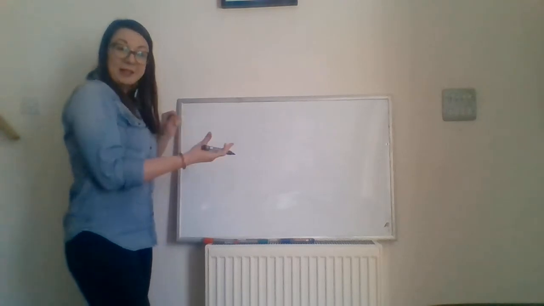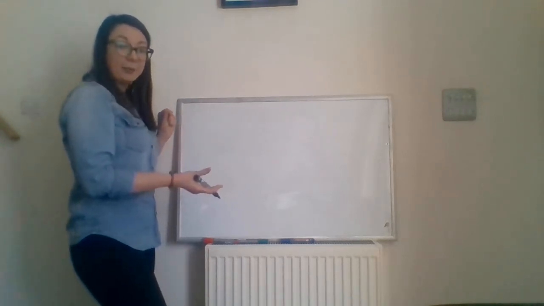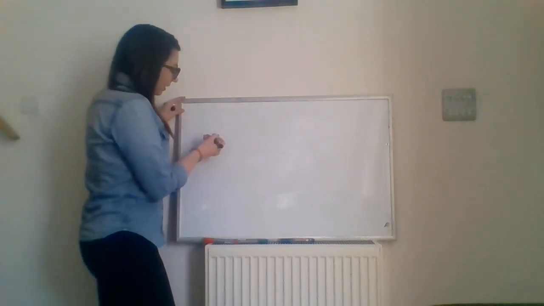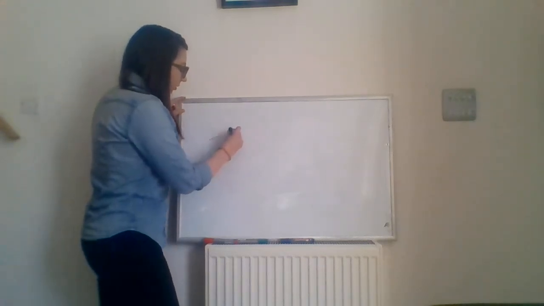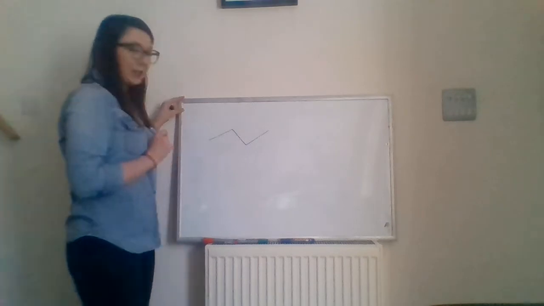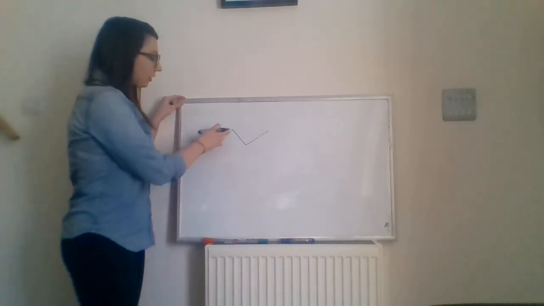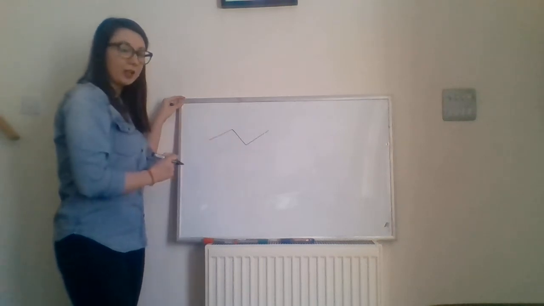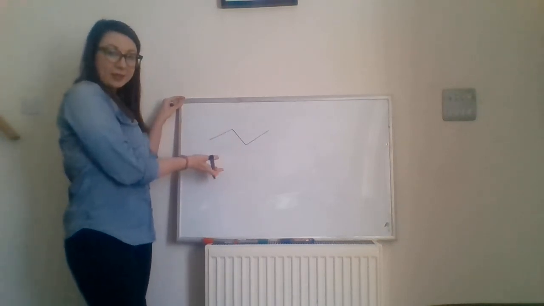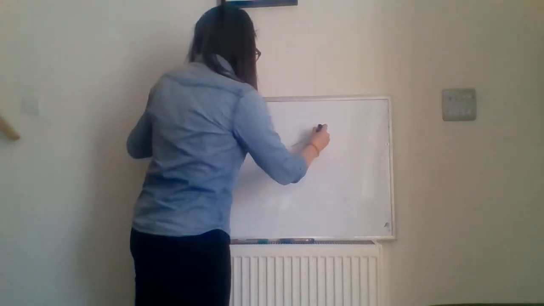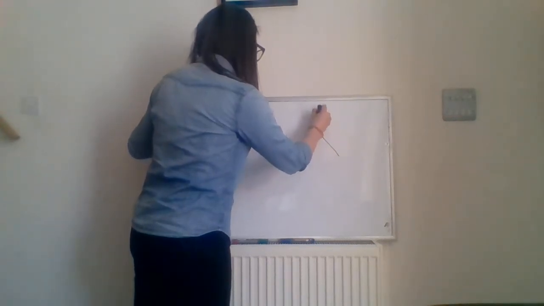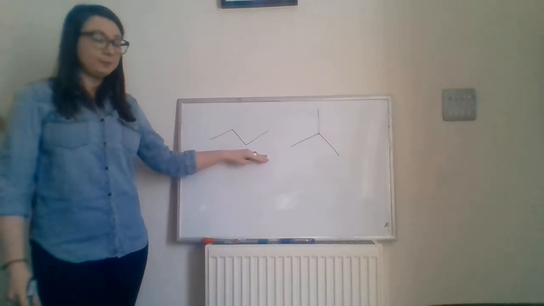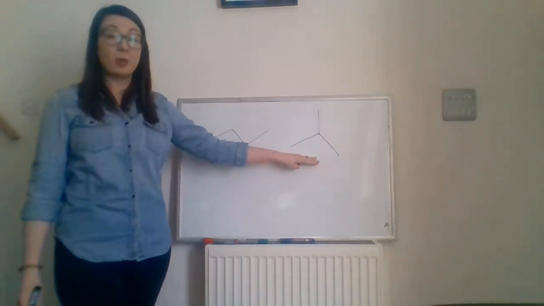So I'm going to go with skeletal representation now. If you need to recap that, we've done it in lessons past, but it's the idea that we can represent, for example, this molecule has 1, 2, 3, 4 carbons, and the hydrogens are all in there. We might have this, or we might have this. This is the linear chain molecule, and this is what we call a branched molecule.